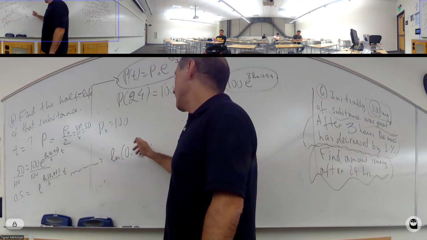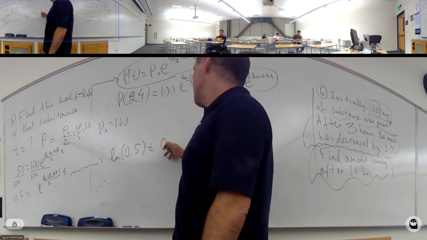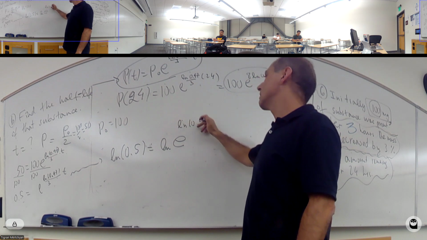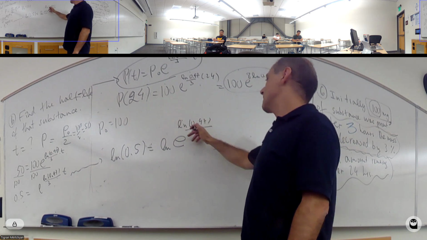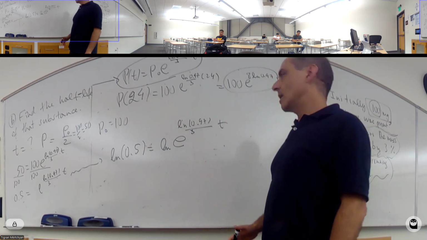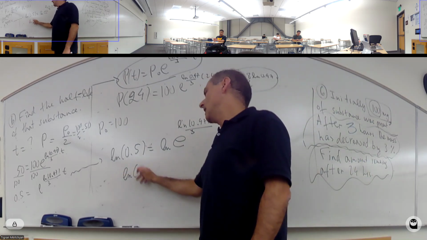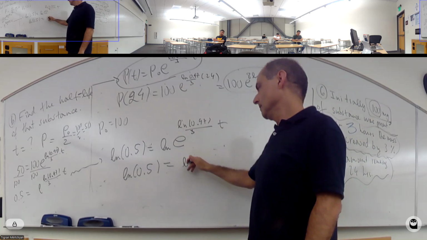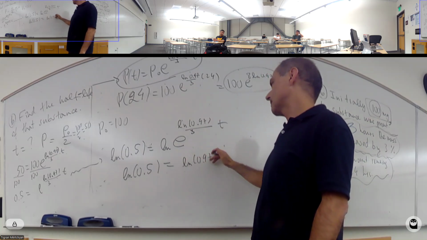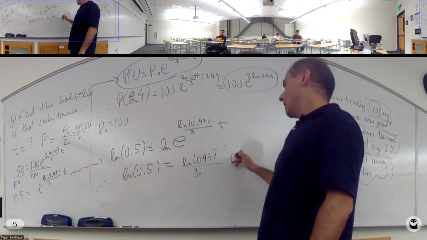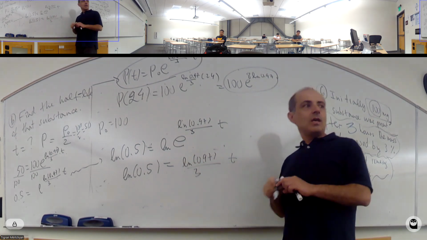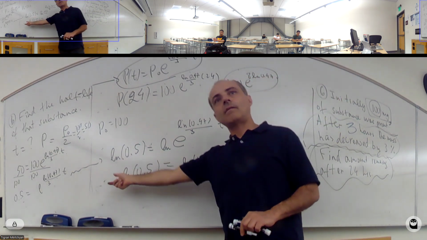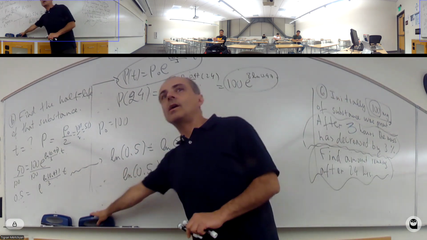So ln of 0.5 equals ln of e to some number times t, and that will give us ln of 0.5 equals to that. And to get the t, we'll multiply by the reciprocal of this on that side. That will be the time t.